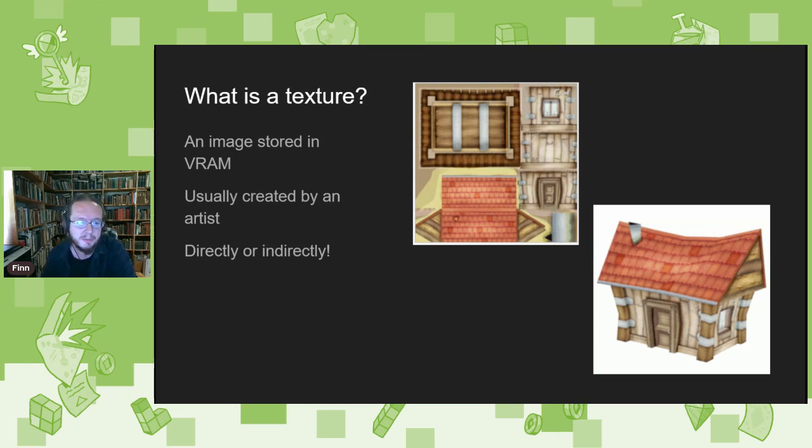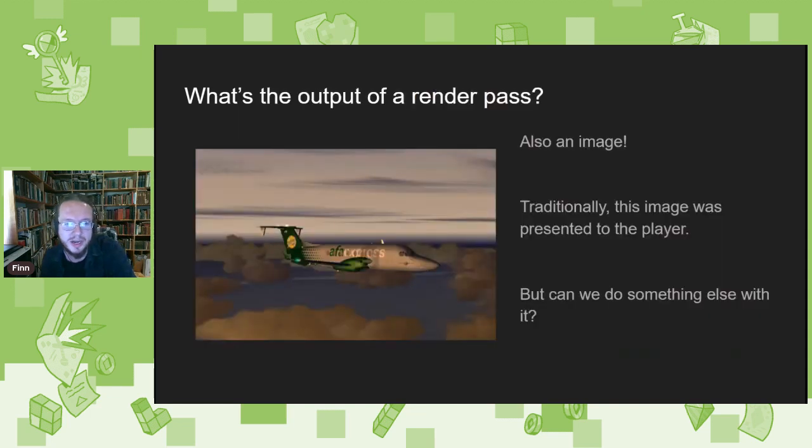So if that's a texture, what does a render pass create? Once again, we have this screenshot, I think, from one of the older Microsoft Flight Sim games. A render pass also creates an image, also an image in VRAM, in fact. And the traditional way of doing this was, as mentioned, we do a bunch of draw calls.